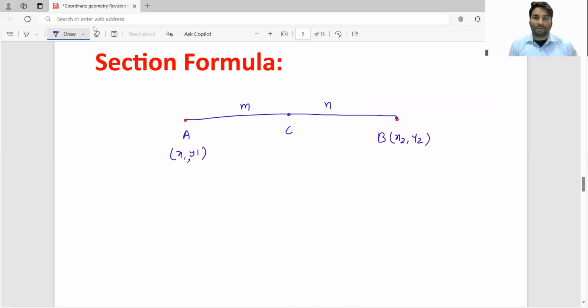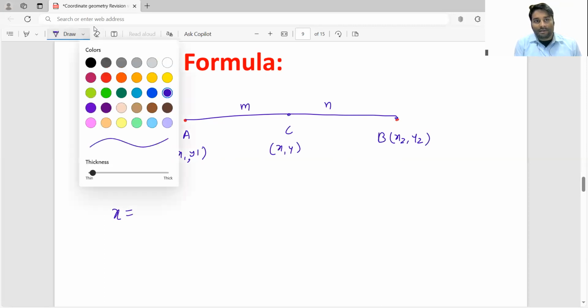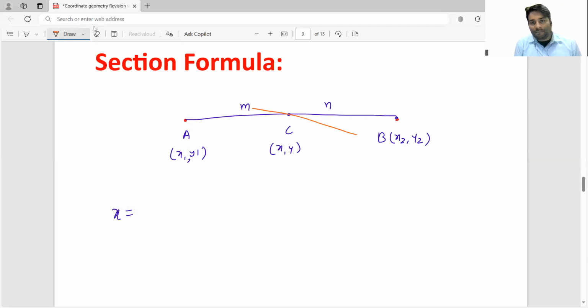Internally, we are just talking about internal division. Then we have to find the coordinates of C. How can we find this? Just remember this formula: x is equal to, remember the cross formula, just multiply m with this and n with this one.